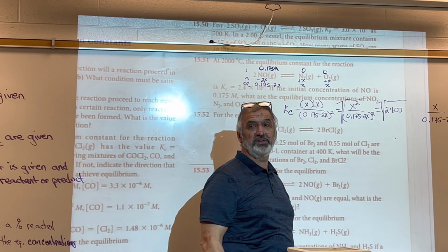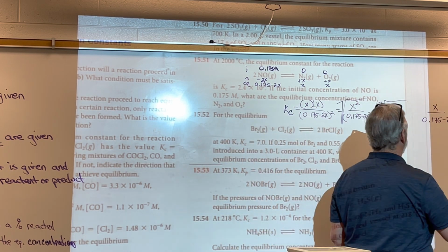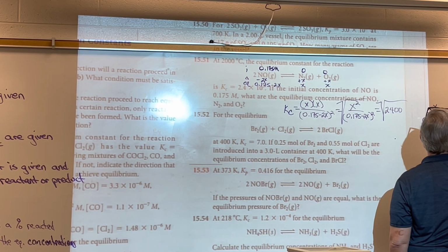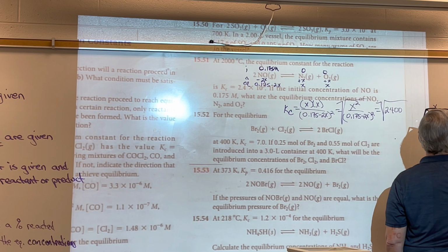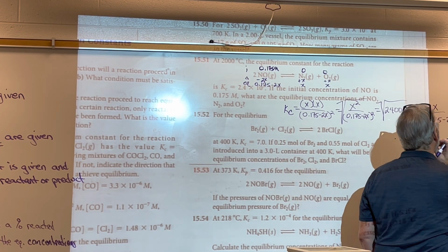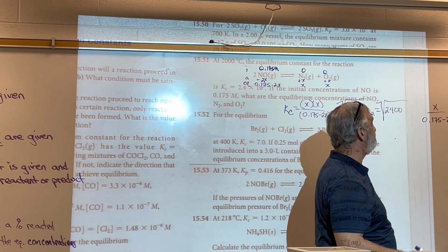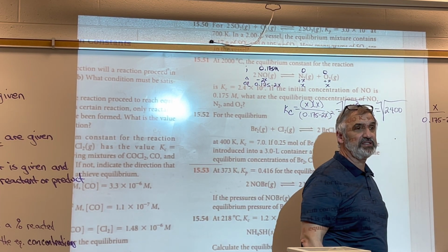What's the square root of 2,400? 48.98. So that would be, let's just say 49.0. Okay? Now we just have to do math. Now you cross multiply, collect like terms, do the algebra. What does x equal?